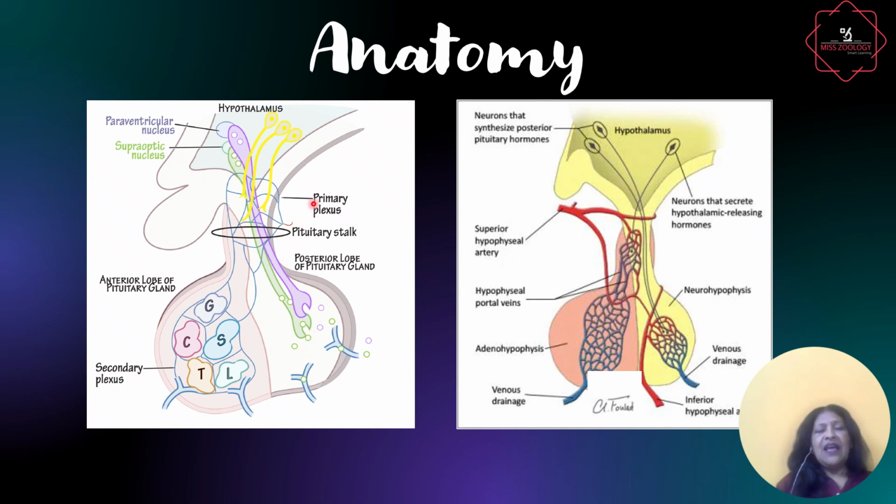neurosecretory cells, and these neurosecretory cells originate in the hypothalamus, where their cell bodies, which are usually in clusters, are called nuclei, and from there it descends down with longer than usual sized axons, comes and fills up into the neurohypophysis.